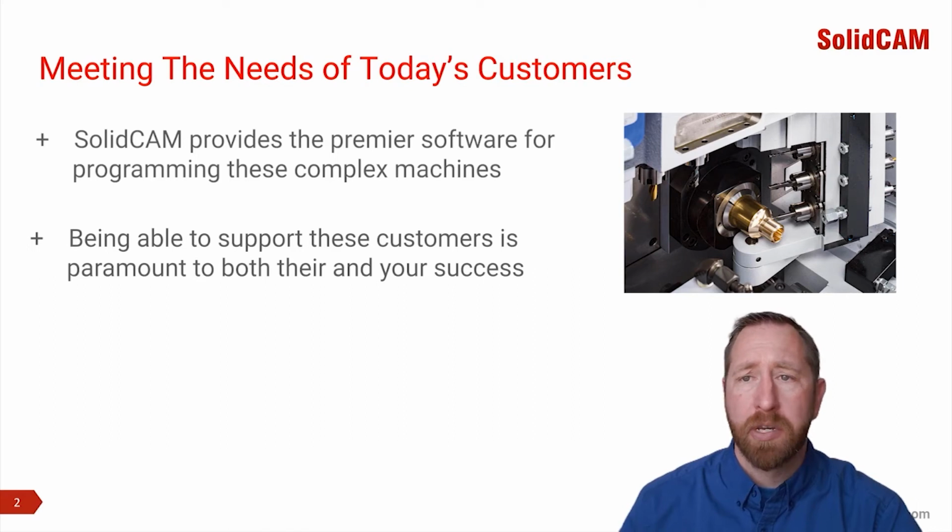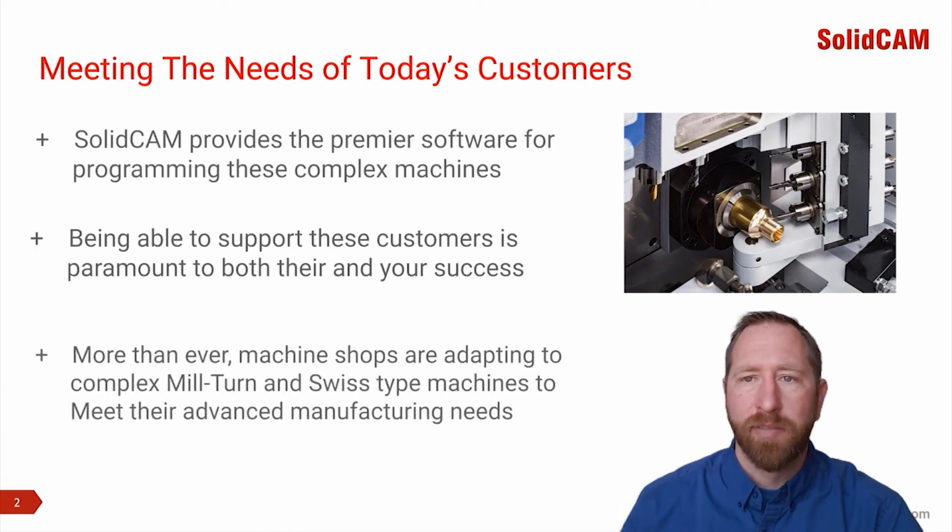We have all noticed the growing trend in the industry that machine shops are leveraging the power and versatility of the advanced mill-turn and Swiss machines to increase the efficiency of their workflow processes. Machine tool builders continue to evolve, resulting in machines that have complex kinematic structures.